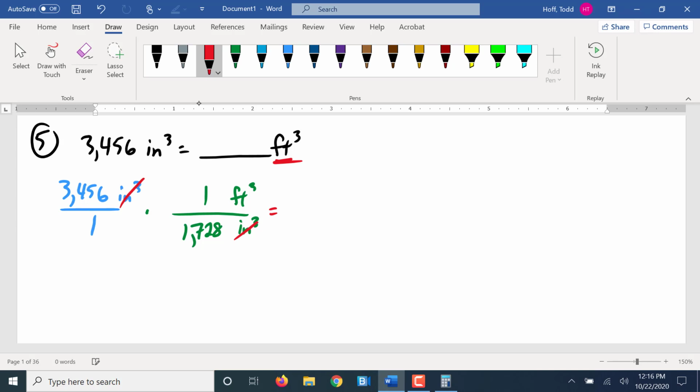Again, we have to be careful with the conversion factors. 3,456 times 1 cubic foot is 3,456 cubic feet. 1 times 1,728 is 1,728. We divide the 3,456 cubic feet by 1,728. That is 2 cubic feet.